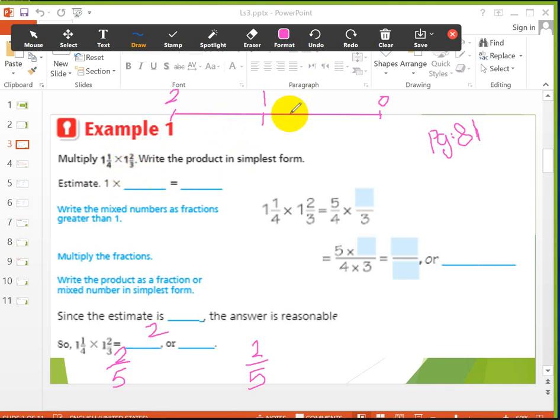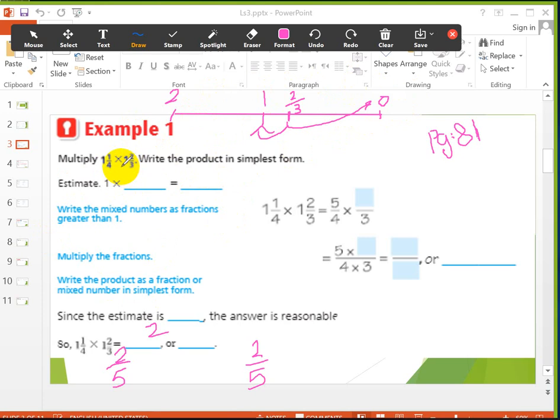So 2 over 3 will be right here. 2 over 3 is close to 0 or 1. Look, the distance from the 0 is larger than this distance. That means it's close to the 1. So I can round it to the nearest whole, it will be 1.